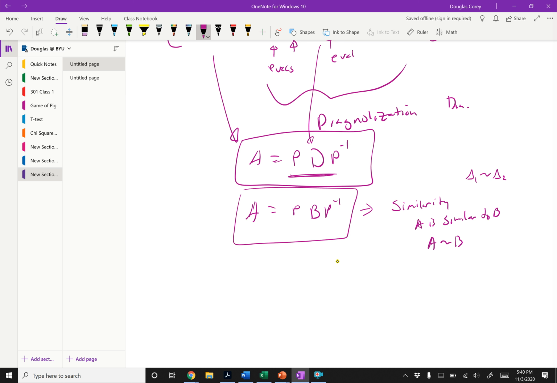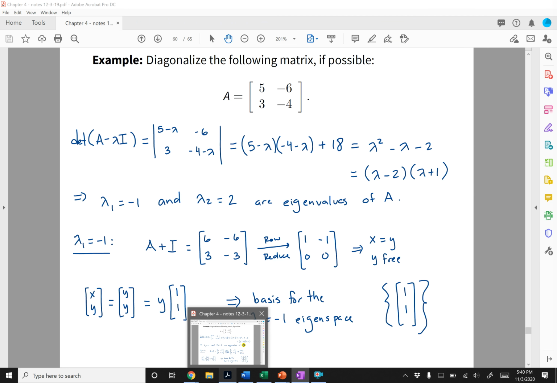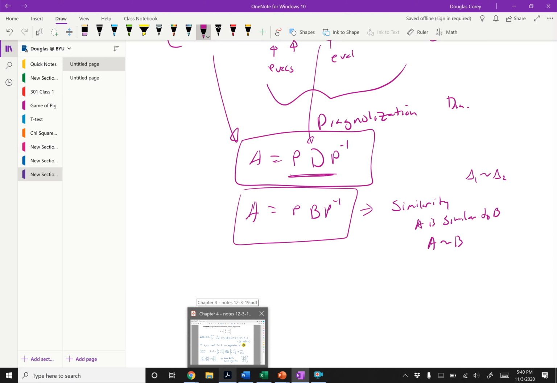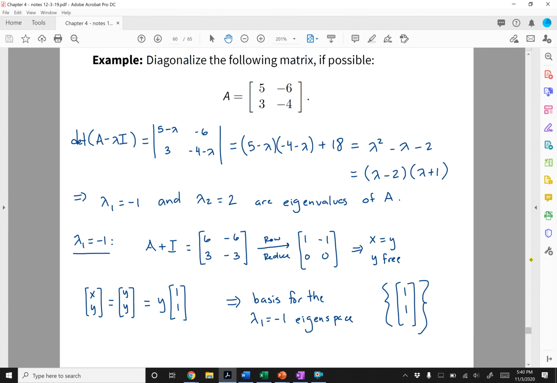The book, the chapter and slides start with similar matrices. I think it's more appropriate to start with diagonalizable matrices. This is near the end, and this is actually where I want to start.